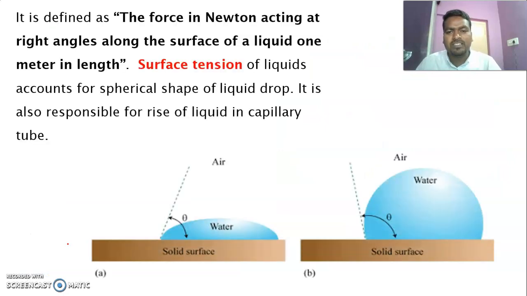Surface tension can be defined as the force in Newtons acting at right angles along the surface of a liquid of 1 meter length.